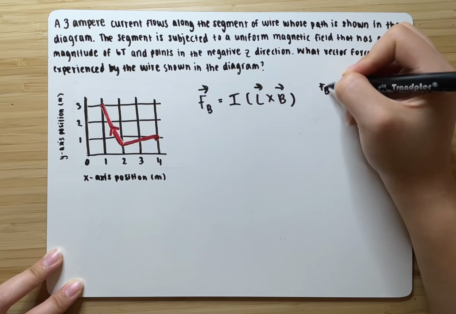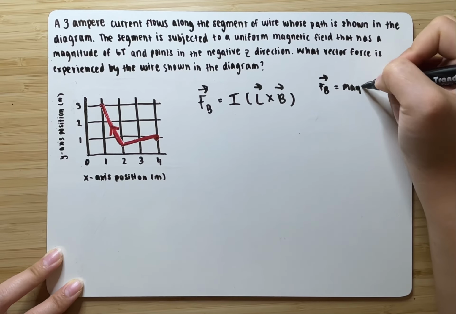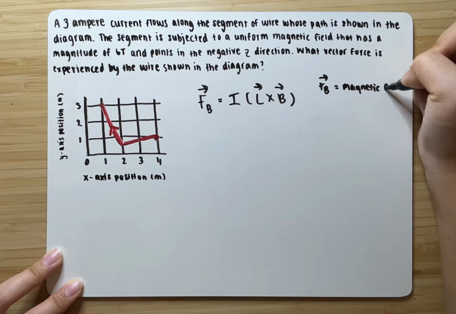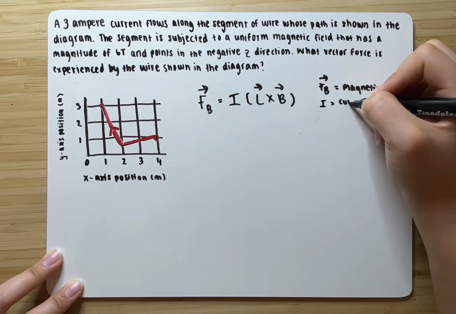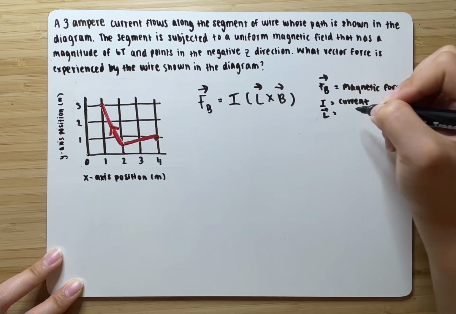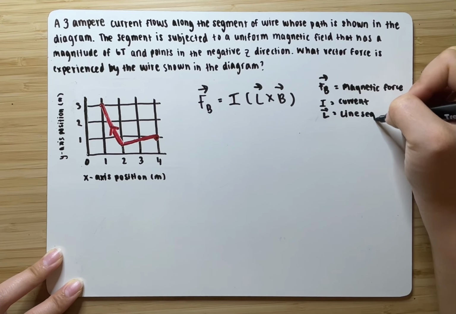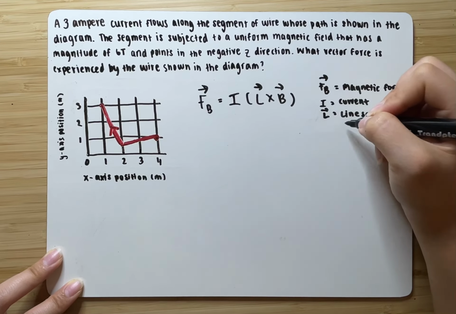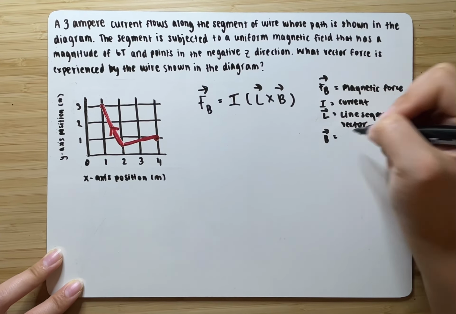So I'm going to write over here, F sub B is magnetic force, I is current, L is line segment vector, and B is magnetic field vector.